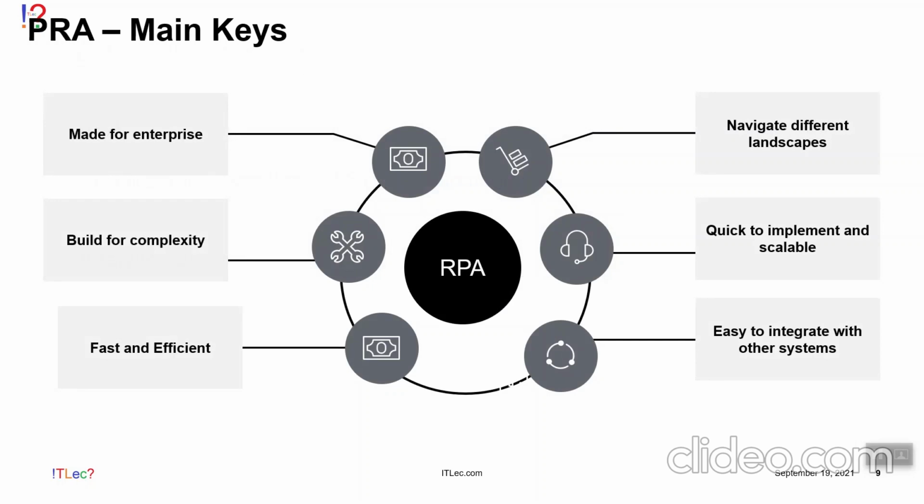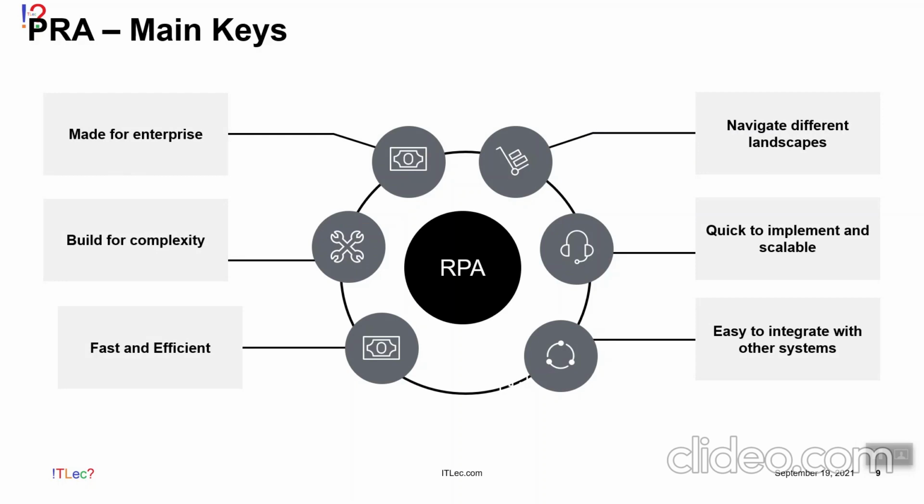So here are the main keys for RPA. For example, we can navigate different landscapes: we can jump from web to desktop to terminal and from one system to another system. It is quick to implement and scalable, and can be implemented in small pieces. Deployment is not as complicated as normal software.